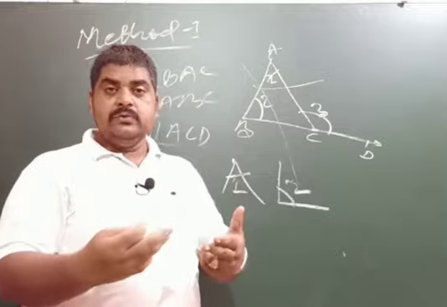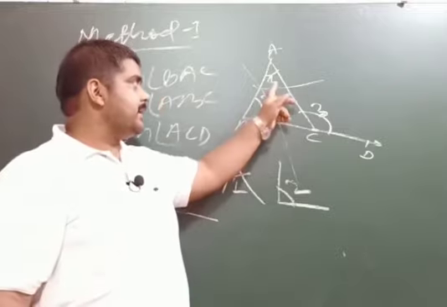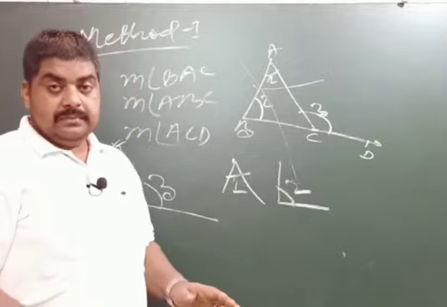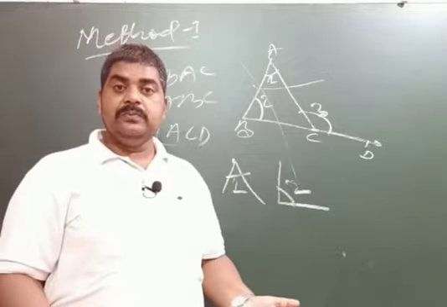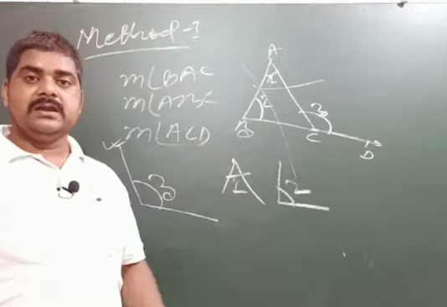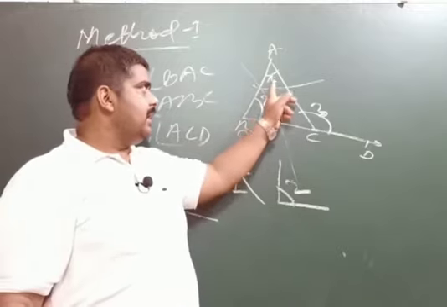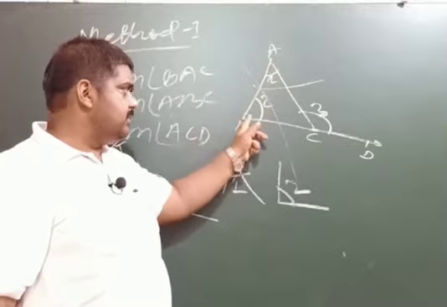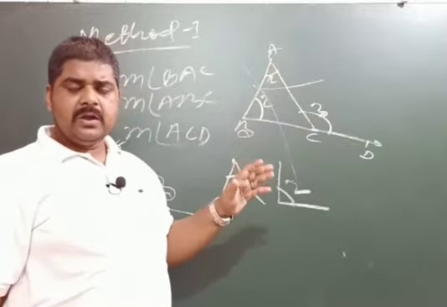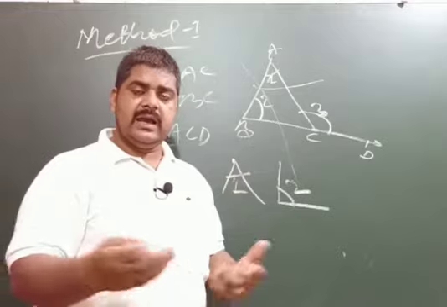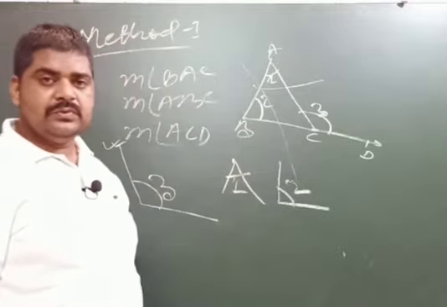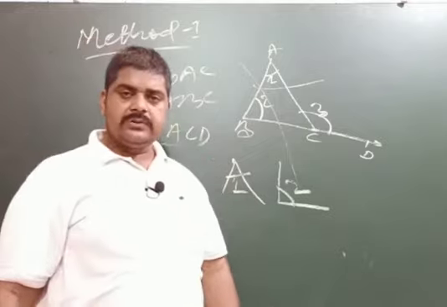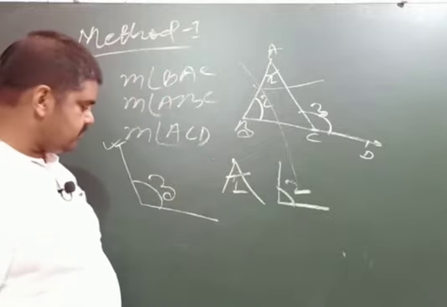Before using the scissors, you need to mark them as 1, 2, 3, or use colors such as red, blue and green, because afterwards you may get confused about which were the original angles. You can use color or some notation for that.